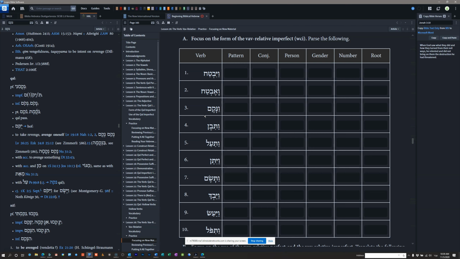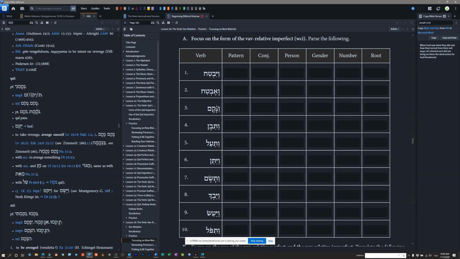But I've just conceded that that happens when the vav relative is on the imperfect. And I've been supposing that this is a perfect. Excuse me. The vav patach dagesh shows me it has to be imperfect or preterite or jussive. The vav patach dagesh means this can't be perfect. So if this can't be perfect, how do I explain what's going on here?